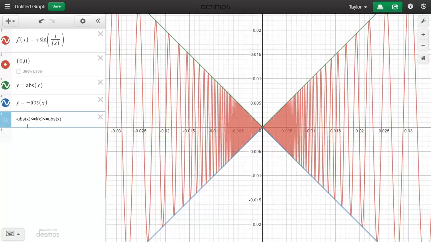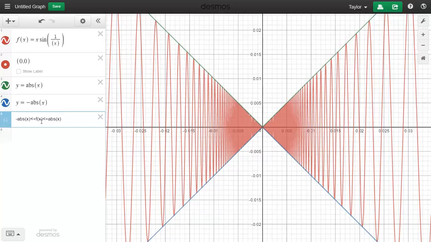We can write that inequality. We know that this limit as x approaches 0 is 0. We know this limit as x approaches 0 is 0. Thus, the squeeze theorem tells us that the limit of f of x as x approaches 0 is also 0.